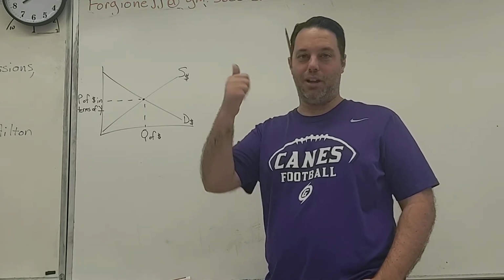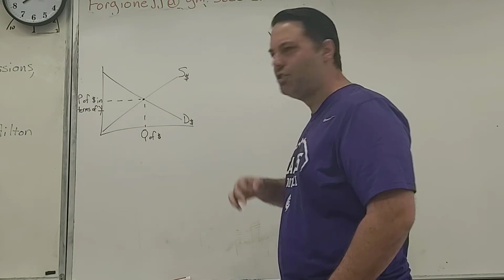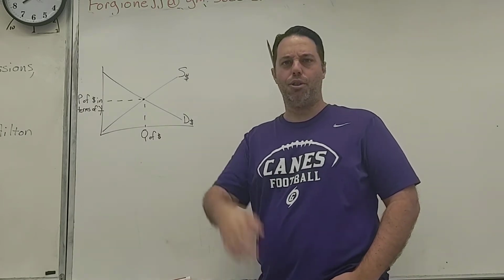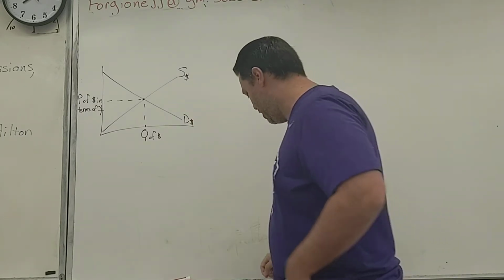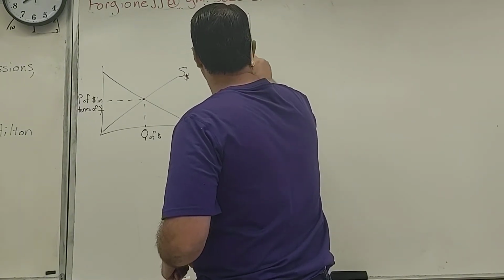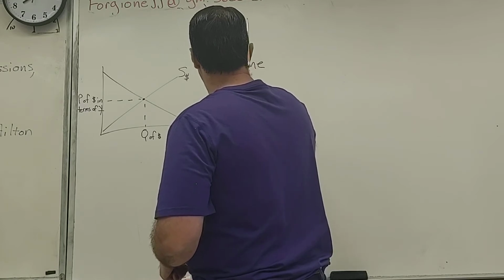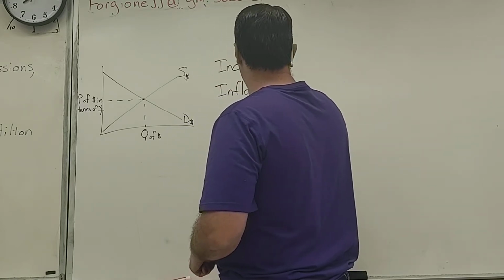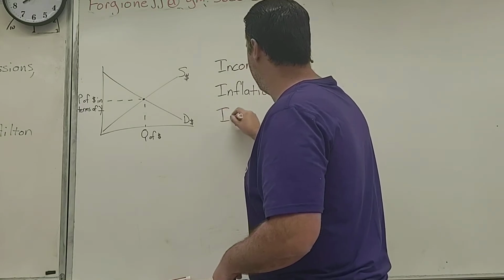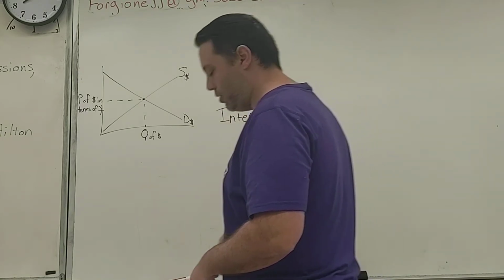What I would worry about are, again, tastes or quality, however you want to phrase it. And then these other three, which are the three I's: income, inflation, and interest.